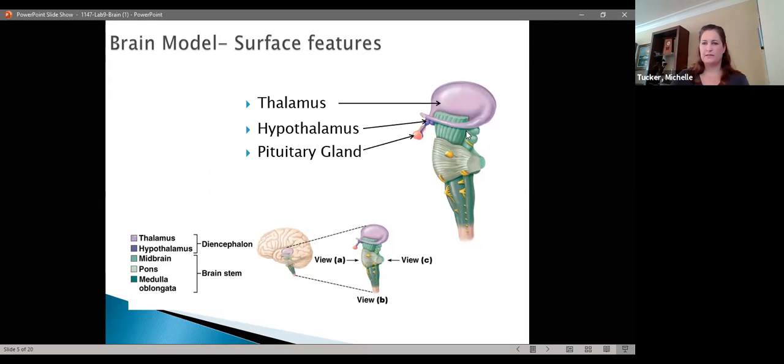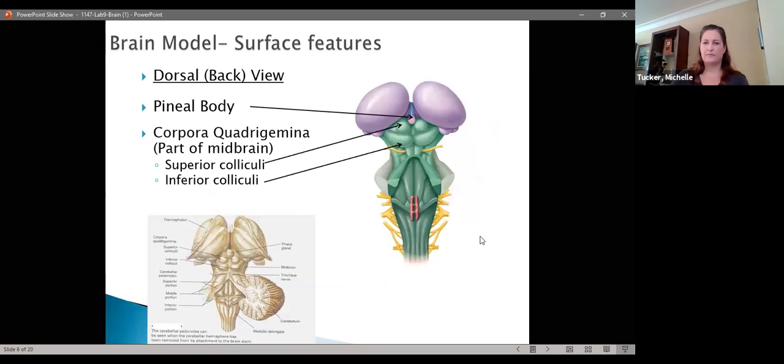So this is what we're going to be looking at next, is something called the corpora quadrigemina. If you are looking at a sheep brain, which you cannot do this with the human brain model, but if you are looking at a sheep brain from the back, from the top and then to the back, so this is the posterior aspect of that sheep brain, and then you pull down the cerebellum.